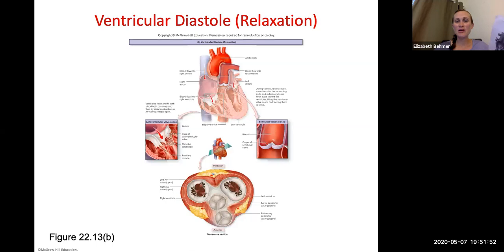This is showing ventricular diastole, which is relaxation of the ventricles. So it gives the ventricles a chance to fill up with blood. You'll notice your AV valves are open during this relaxation phase as they're filling up with blood, but your semilunar valves will be closed because they haven't contracted yet.